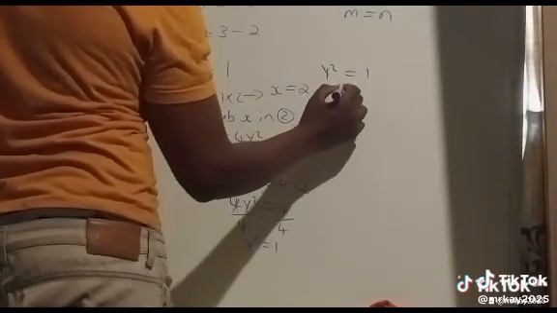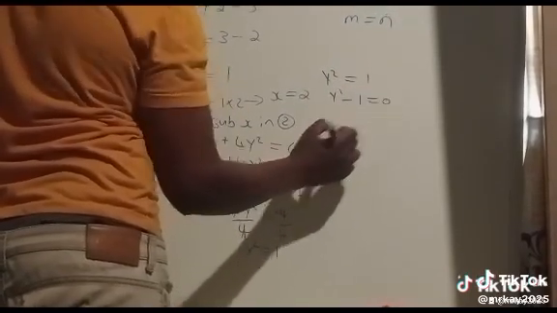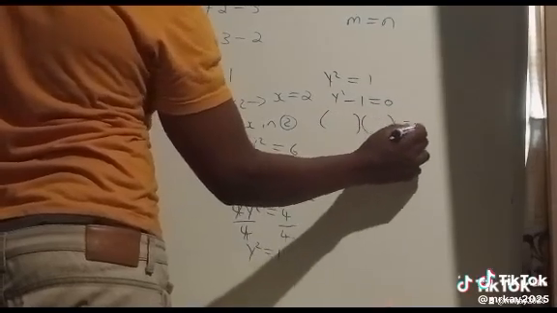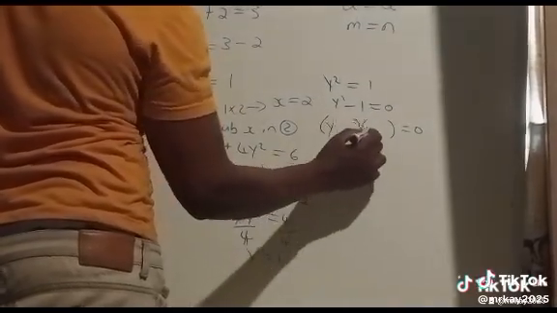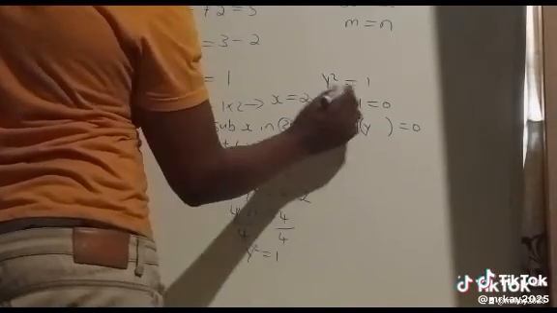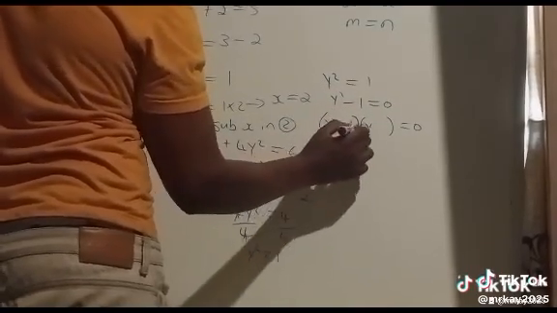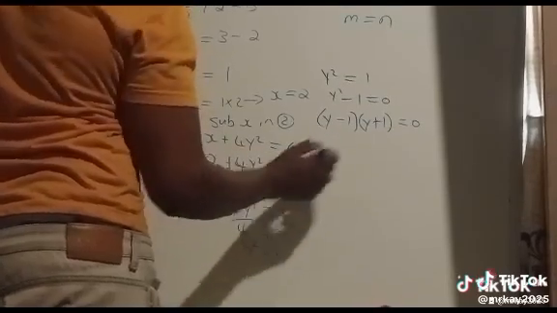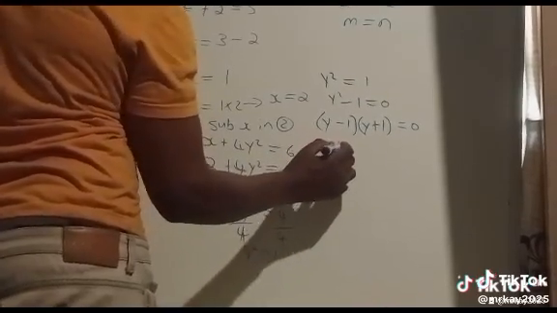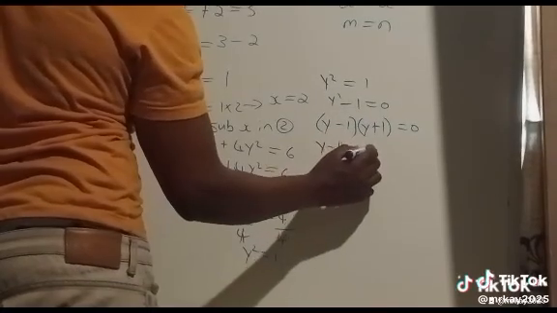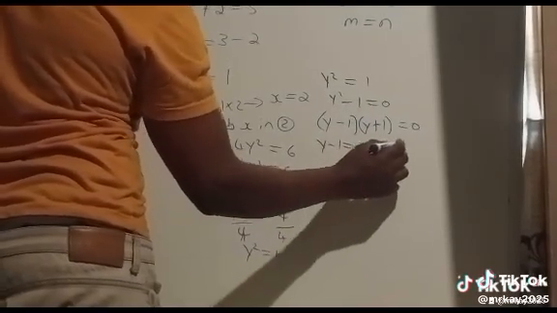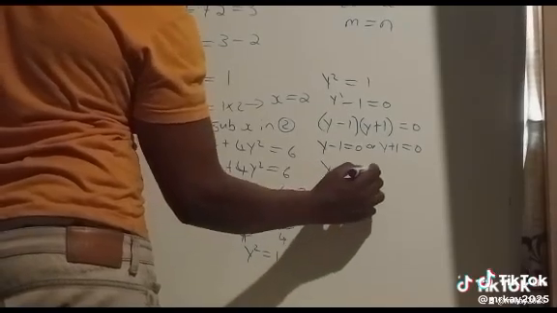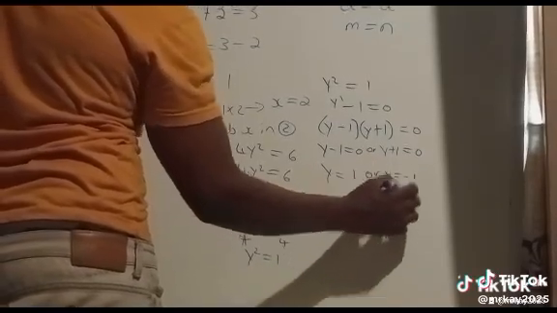I can say y squared minus 1 equals 0, and do difference of two squares, whereby we've got y times y, which is y squared, and to get negative 1 we've got negative 1 times positive 1. Then it means you have y minus 1 being 0, or y plus 1 being 0. y will be equal to 1, or y will be negative 1.